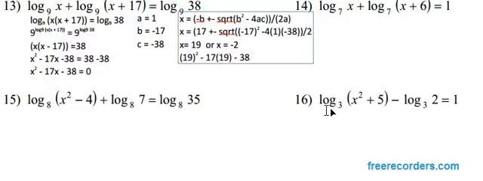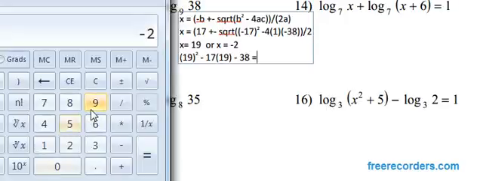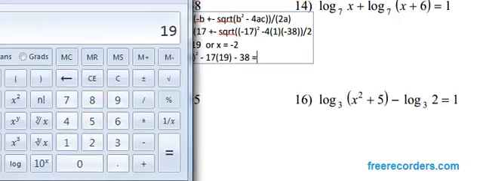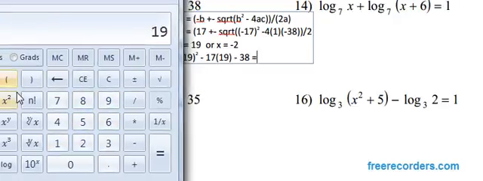And I'm going to see what that equals. Once again, I'll go back to my calculator. 19 squared minus 17 times 19 minus 38. And I can already see that's going to give me 0.